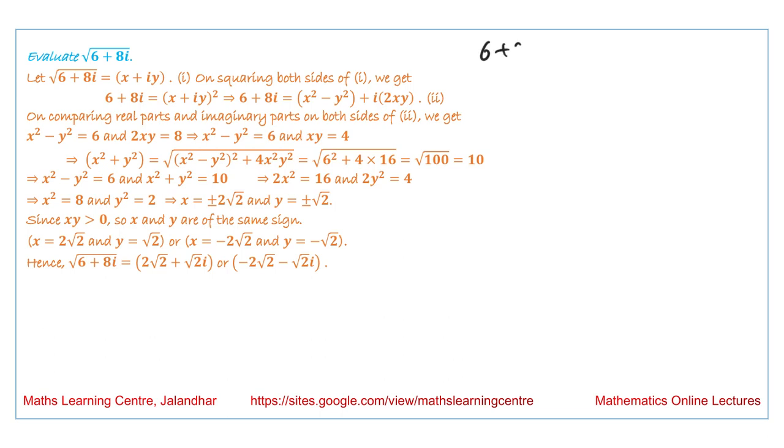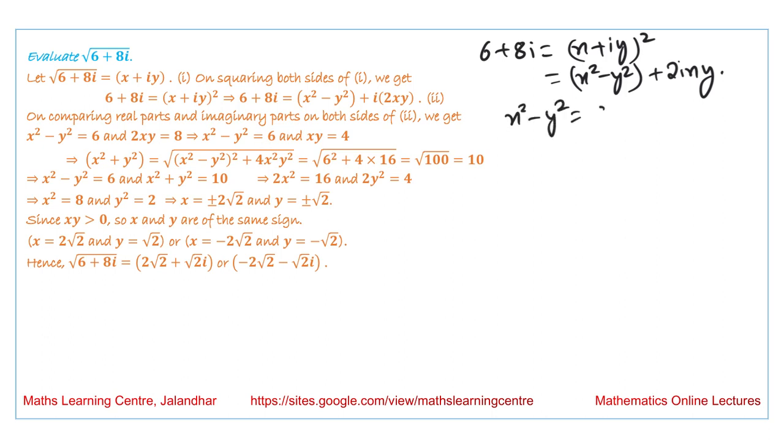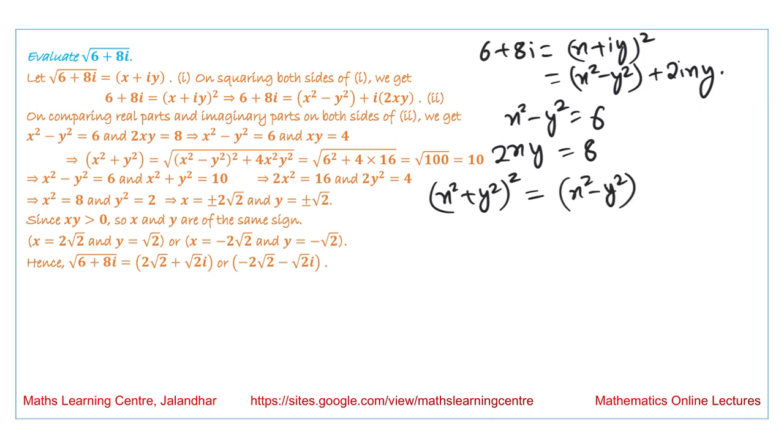6 plus 8 iota is equal to (x plus iota y) whole square. This is equal to x square minus y square plus 2 iota xy. We get x square minus y square is equal to 6 and 2xy is equal to 8. We have (x square plus y square) whole square, that is equal to (x square minus y square) whole square plus 4x square y square.